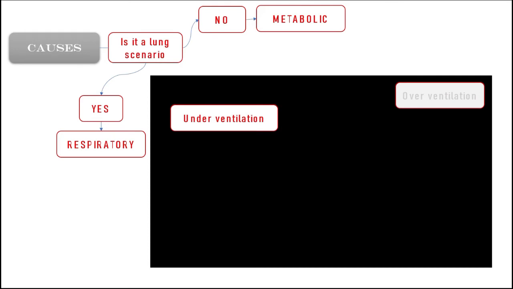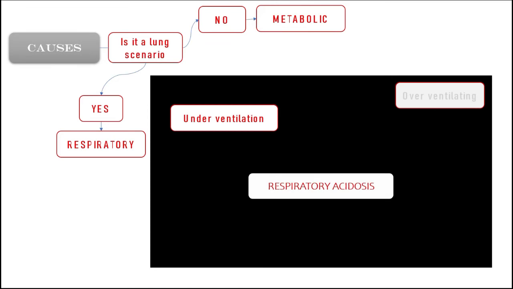Let's see what happens in underventilation. Due to carbon dioxide accumulation in underventilation, the PCO2 levels go high. So the acid levels also go high, resulting in acidosis.